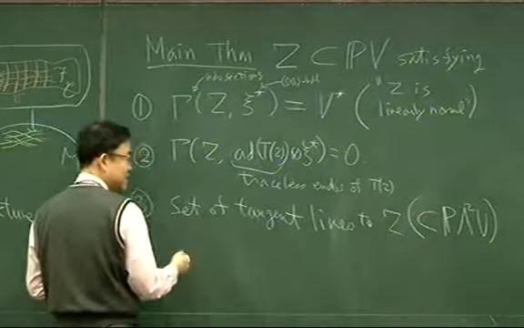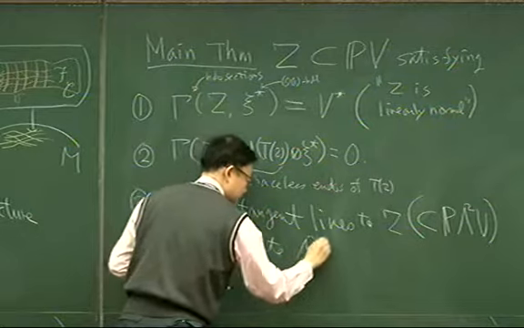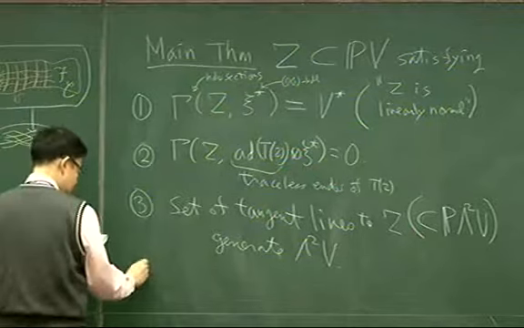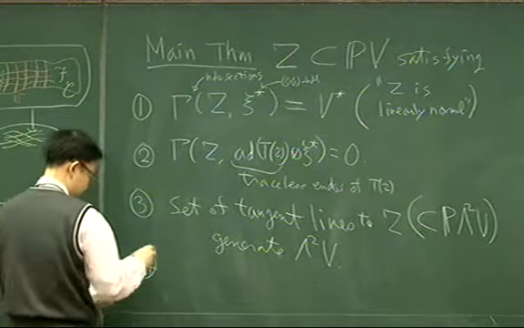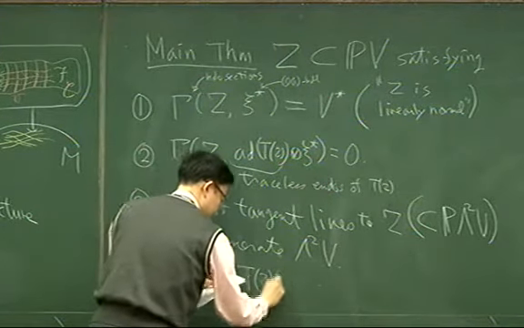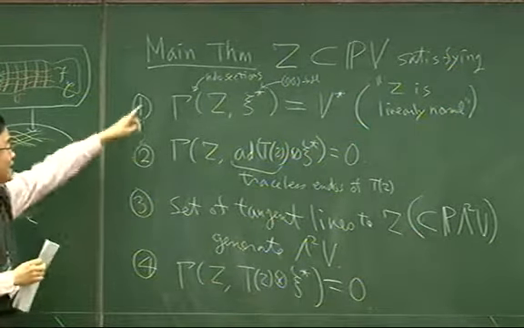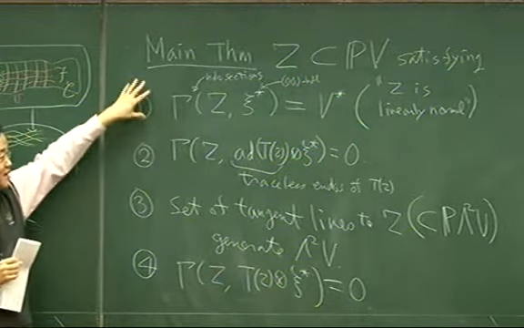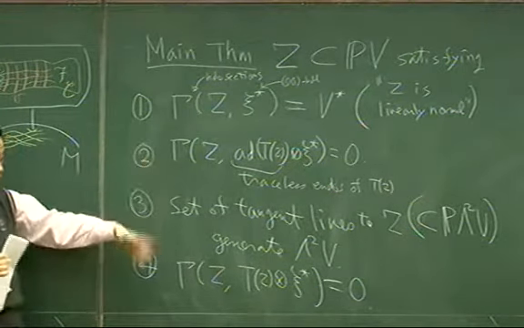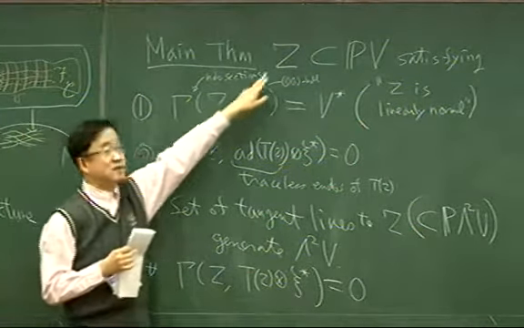And this set of tangent lines generates, so they are non-degenerate inside this space. That's another condition. And fourth, gamma is 0. So I consider projective submanifold satisfying these four conditions. It's rather complicated. So if you don't understand, just regard them as some complicated conditions. But this is purely in terms of the projective geometry.